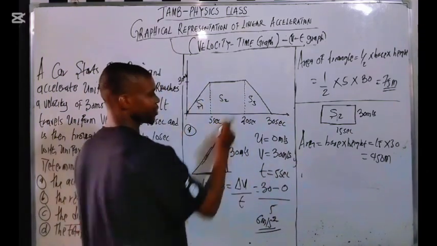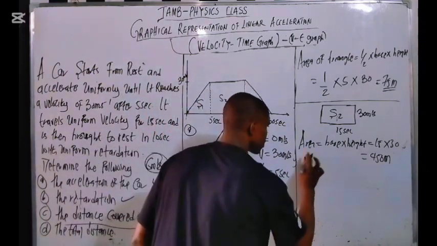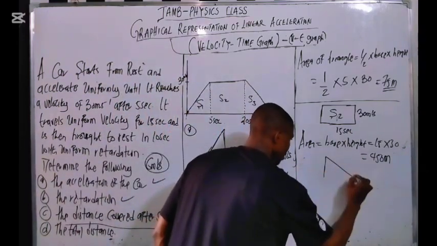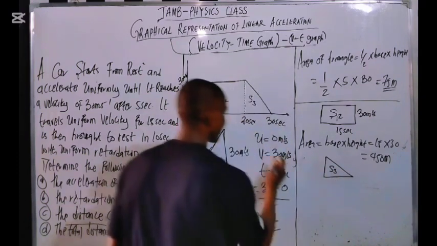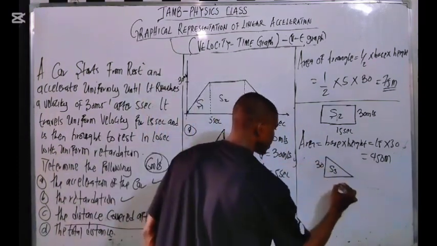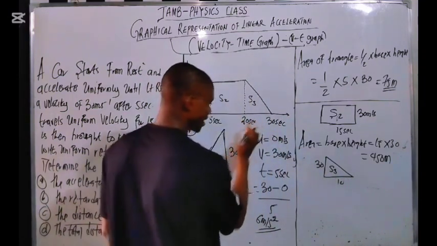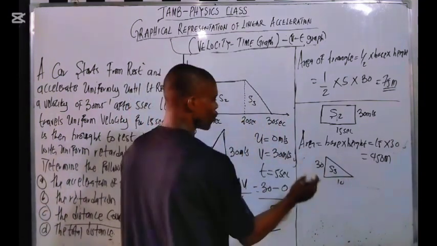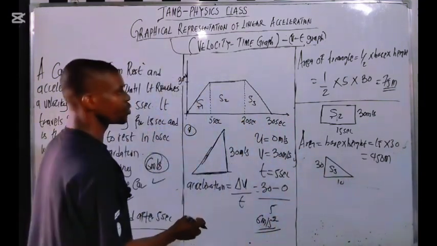Now we have x3 here. Here we have the 30, and here the 10, because from here to here is 10, right? So it's a triangle, just like the one you have done.